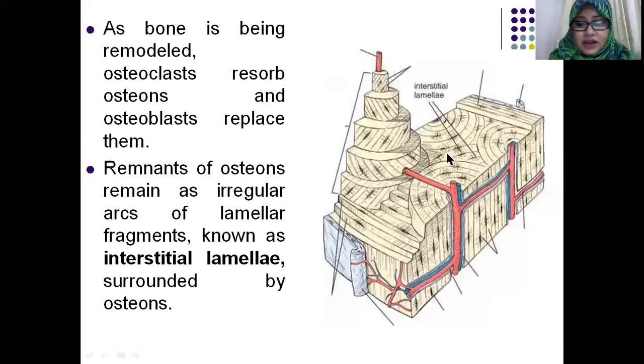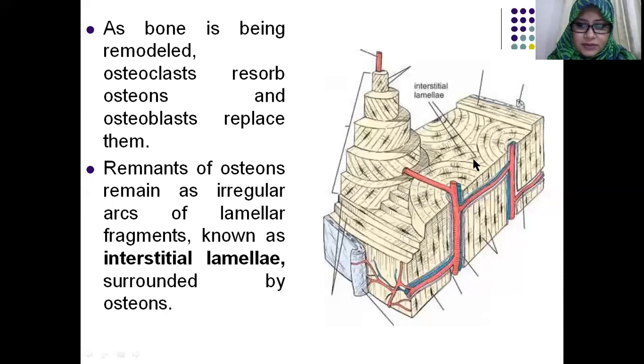These lamellae are formed during bone remodeling, when osteoclasts resorb the bone and at the same time osteoblasts replace it.